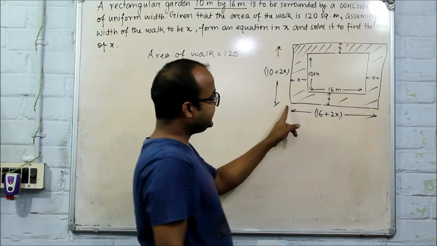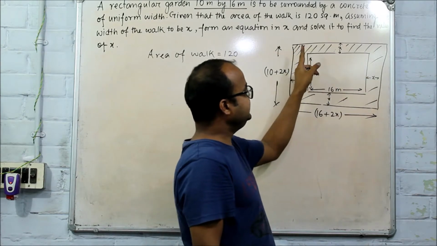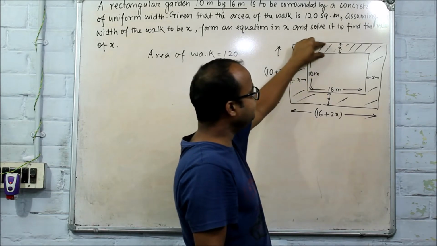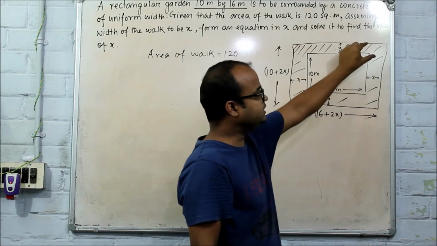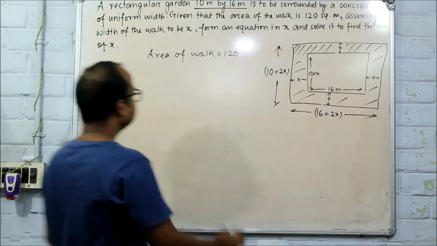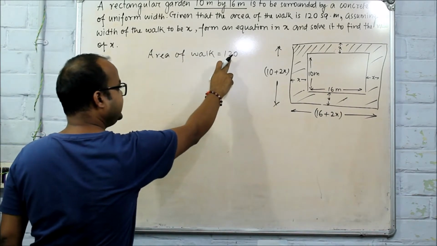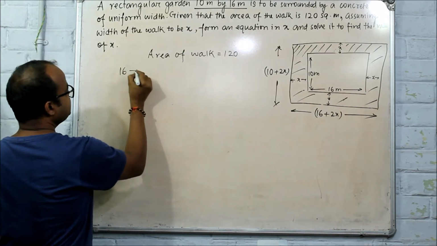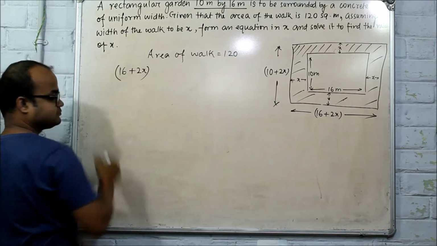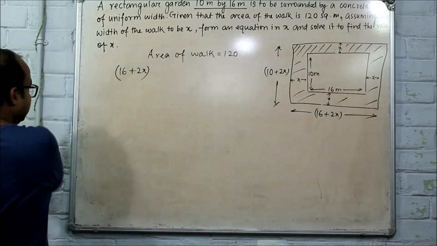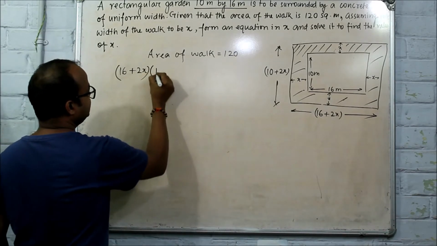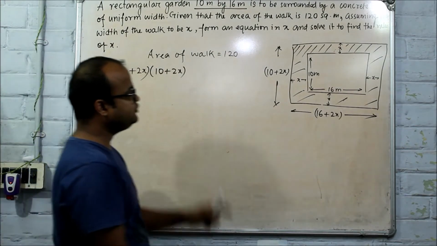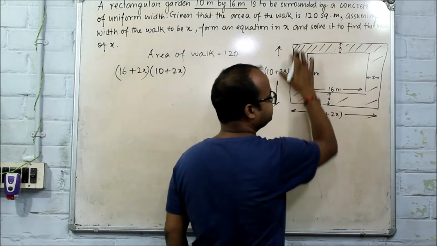Now from the external rectangle, if we subtract the internal rectangle, we get the area of the walk, right? So the area of the walk is 120. The external area is 16 plus 2x into 10 plus 2x, length into breadth, which gives the area of the entire rectangle.